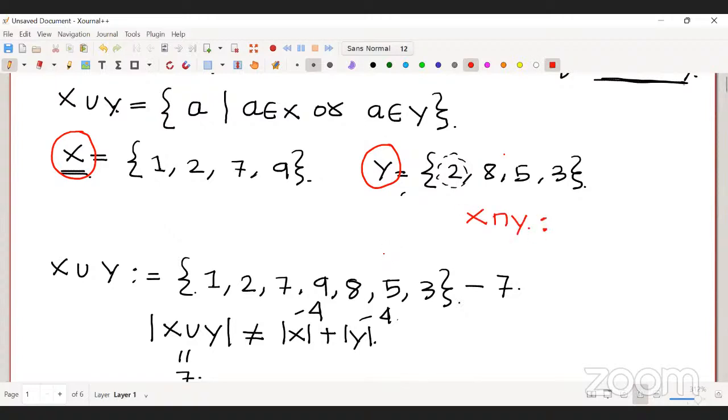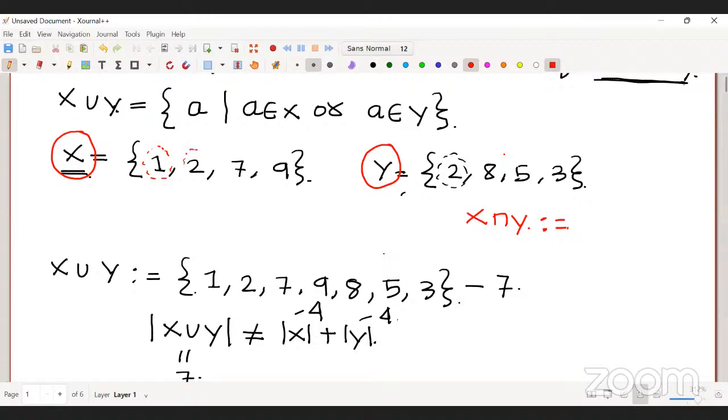By the definition, X intersection Y is all the elements which are common to both the sets. Let's start with 1. 1 is in X but 1 is not in Y, so 1 is not common to both X and Y. Then 1 cannot be an element of X intersection Y.